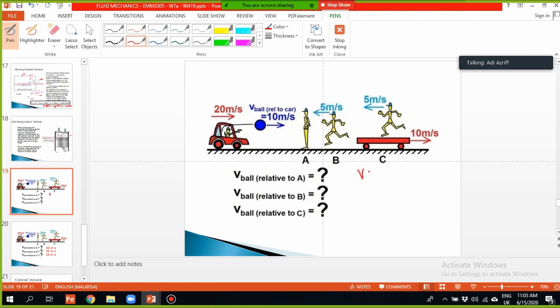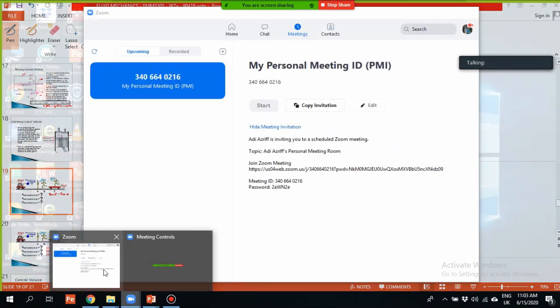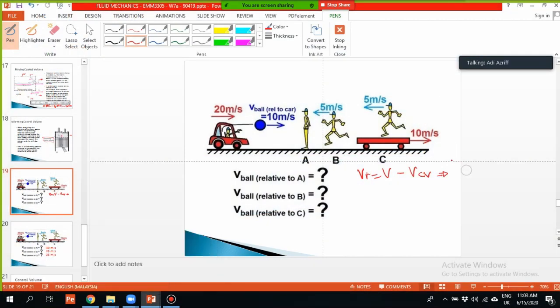We know that VR is equal to V minus V control volume. In question number 1, we want VR, the velocity relative to A. We know that the direction to the right is positive.